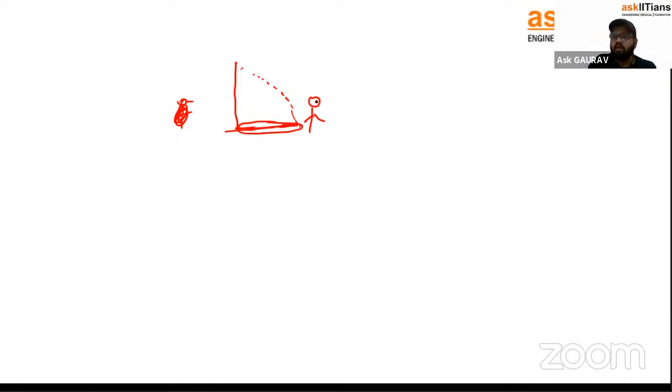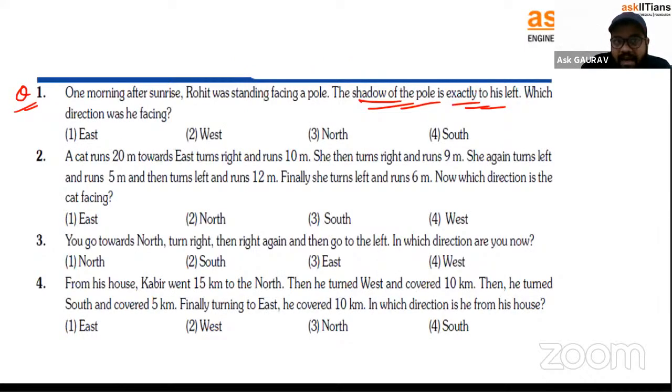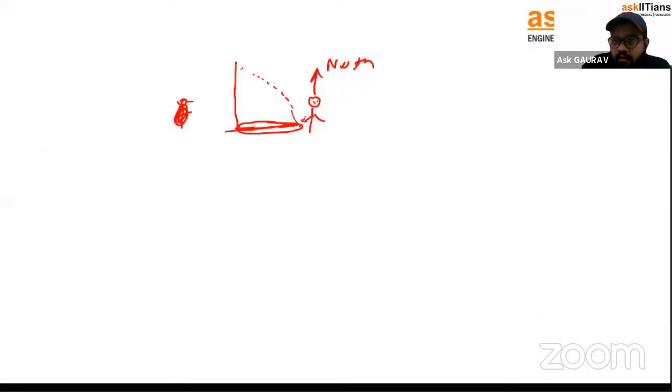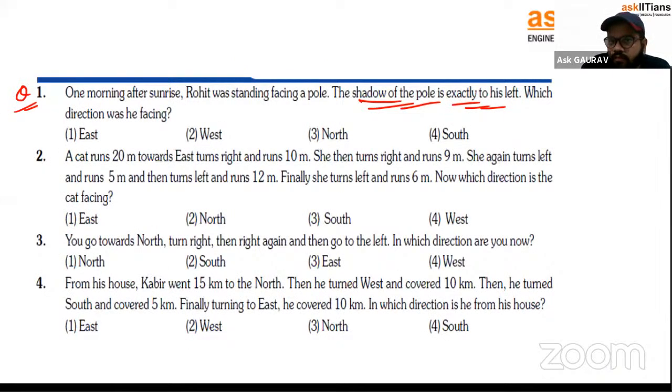If this is the pole and you are here, and let's say you are facing north, then the shadow of the pole is at your left, right? Which direction was he facing? You are facing north, you are seeing the north, right? The shadow of the pole is exactly to his left.